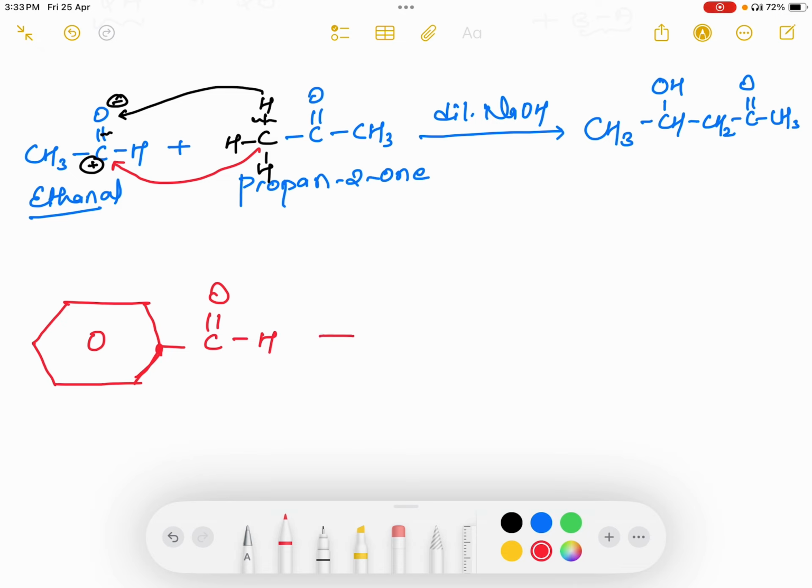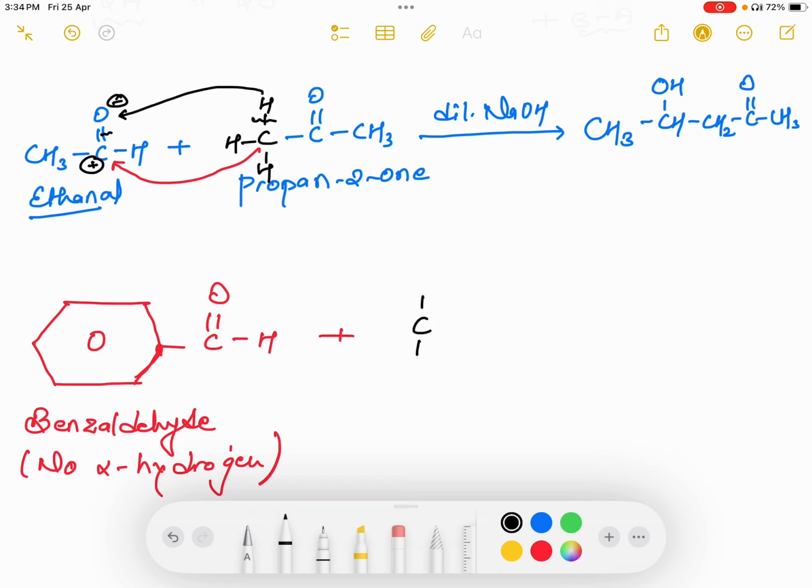This is your benzaldehyde with no alpha hydrogen. But still the reaction will take place. Okay. Why? Because I'm treating it with ethanal. Here it is being treated with CH3, that is this one, and C double bond OH group. And it's being treated in the presence of alkali, that is dilute NaOH.